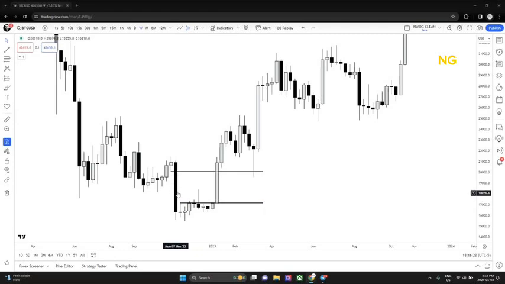So this fair value gap, you draw it out in time. There's another fair value gap right here. High of this candle, low of this candle, not overlapping. You see the imbalance right here. The only thing that happened in this candle was buying, right?